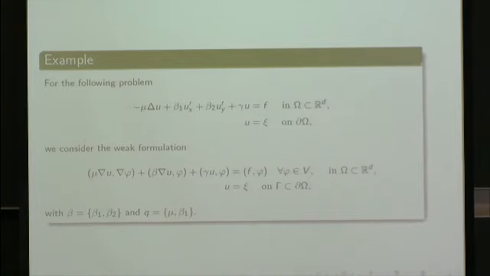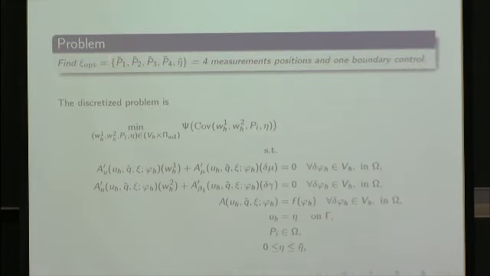Also, as design, I consider the control on the boundary. So I say that I set a Dirichlet value on gamma, which is a subset of the boundary. And I consider also 4 positions. So I have a 2D domain, the 4 positions have to be found in a free way, and eta is a boundary control.